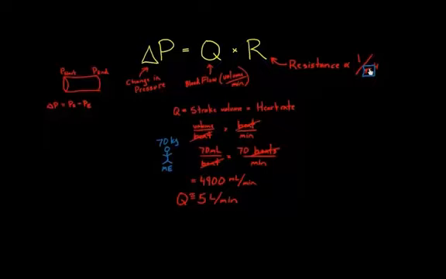Okay, so if I have to figure out total body resistance, let me clear out the board. I've got, let's say, the heart over here. I like to do the heart in red. And it's pumping blood out my aorta, right? So blood is going out of the aorta. And then it's going and branching here, let's say. And then it's going to branch some more, and it's going to branch some more, and you can see where this is going.